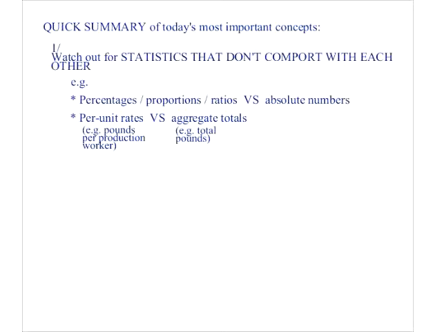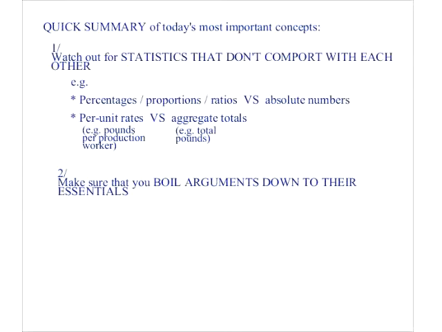And then the only other major theme of today's lesson was make sure that you boil arguments down to their essentials. Figure out what matters, figure out what affects the actual conclusion or line of reasoning in the argument.